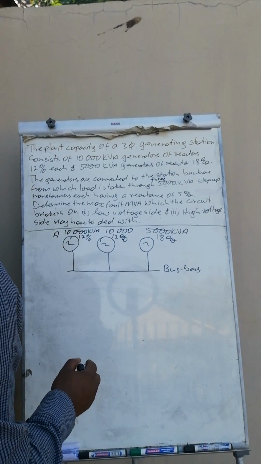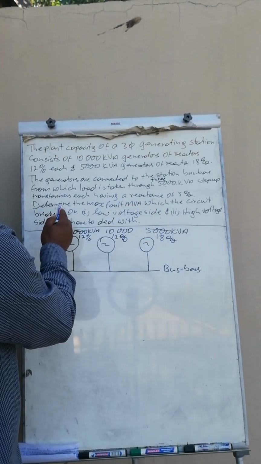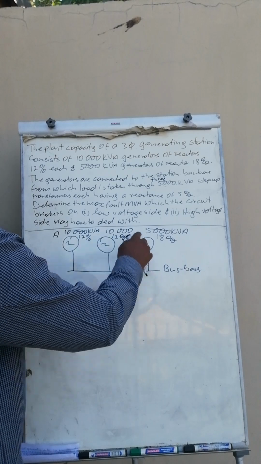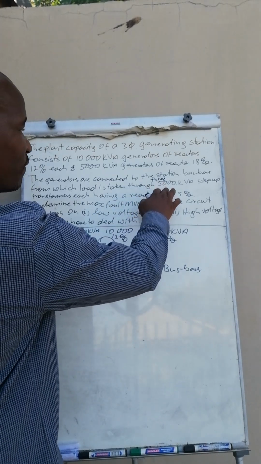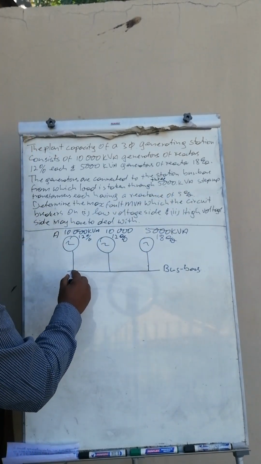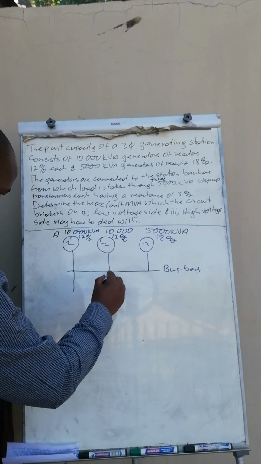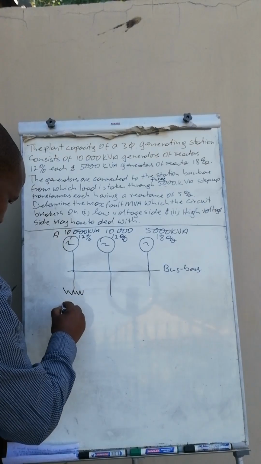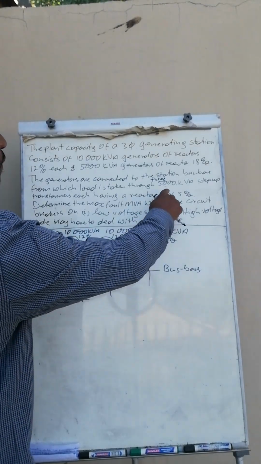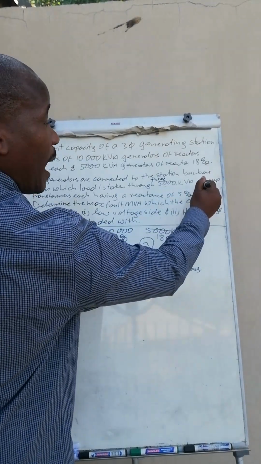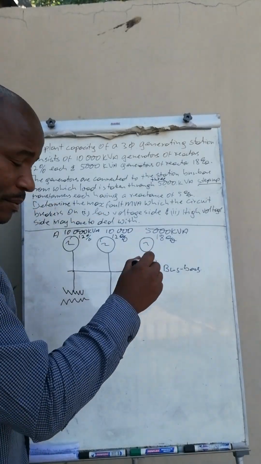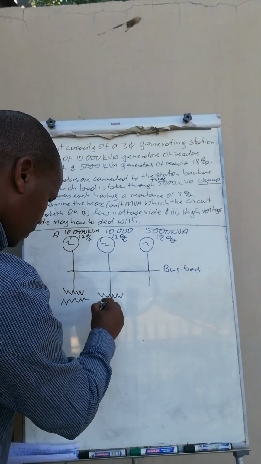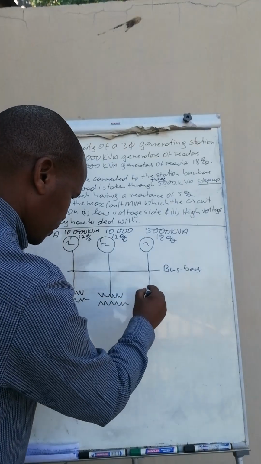Now, the load from this bus is taken through 5,000 kVA step up transformers, something like this.